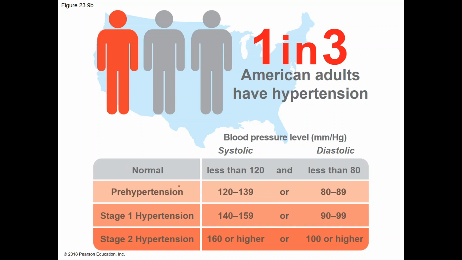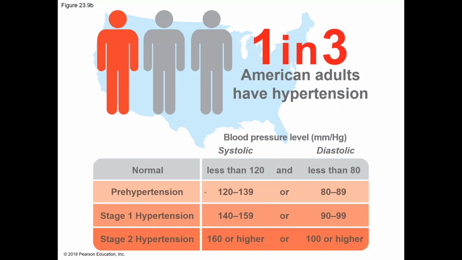These are the ranges of where you want your blood pressure to be. Typically it's 120 over 80. So the top number, the first reading, being 120 or below, and then the diastolic being 80 or below, is the normal healthy range.